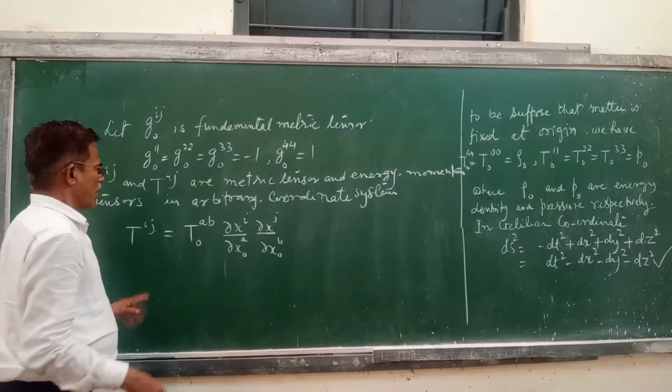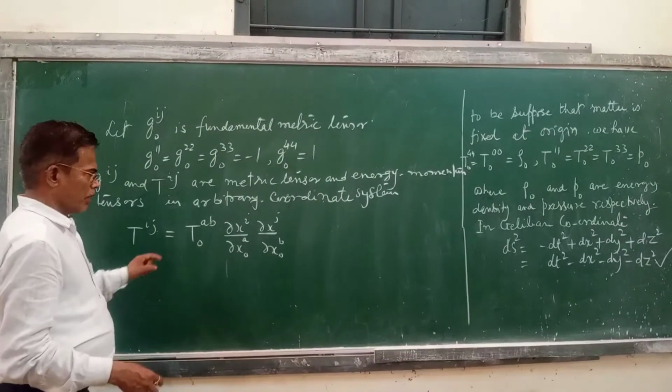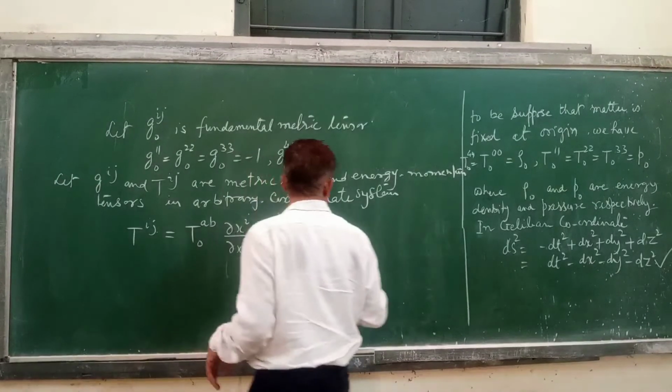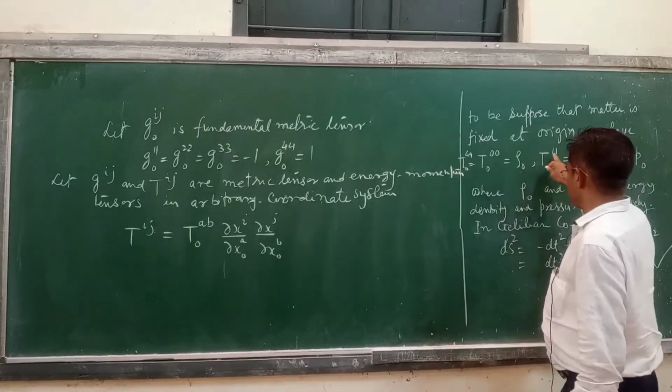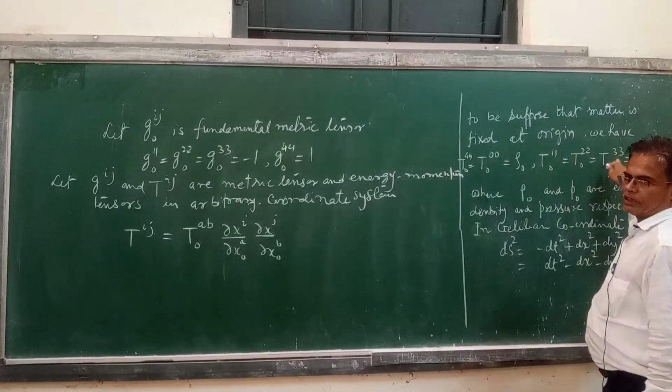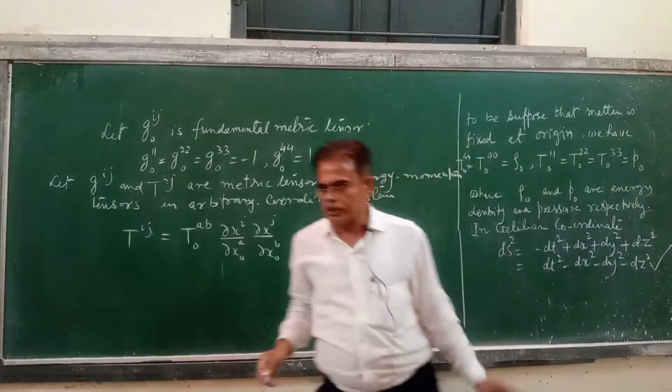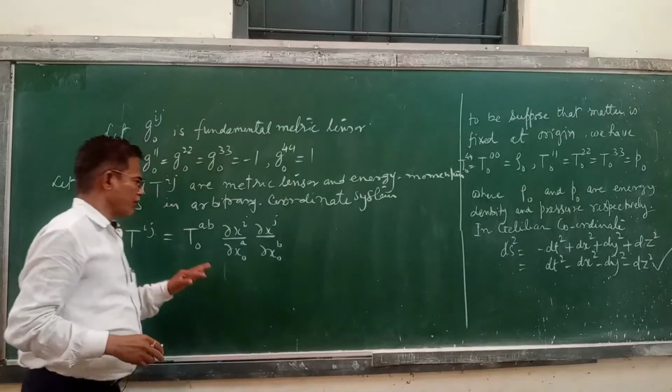Now we have T^00, meaning T^44 0, and T^11 0, T^22 0, T^33 0, so we will use the values of these.